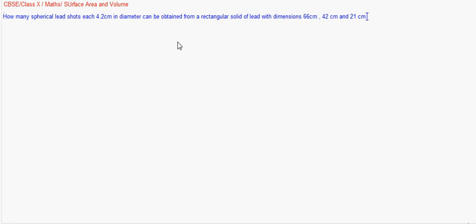Pi can be taken as 22 by 7. We have to find the number of shots.